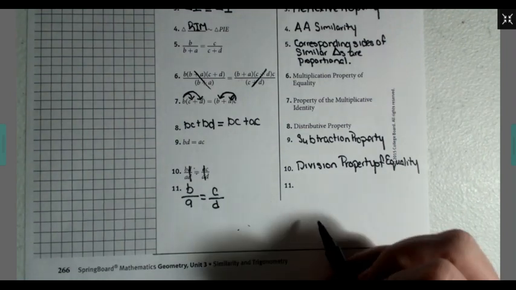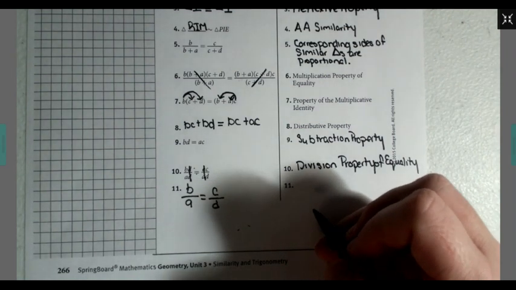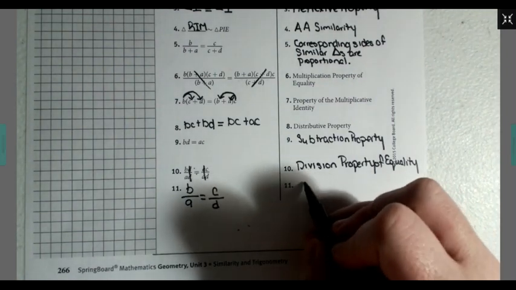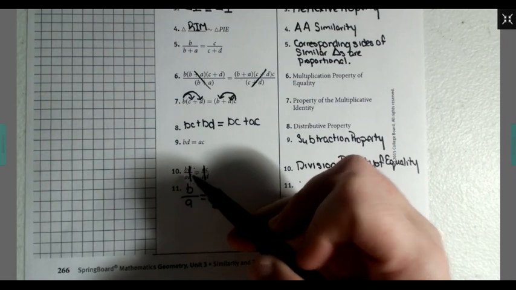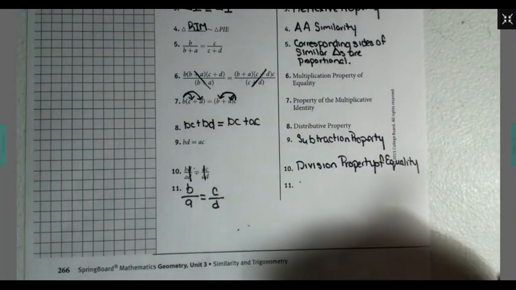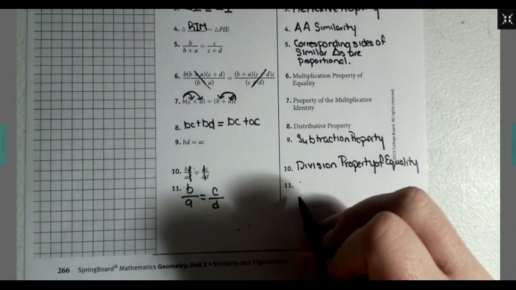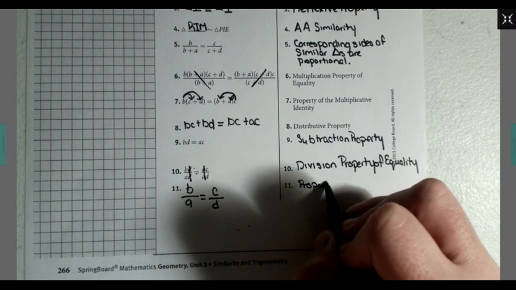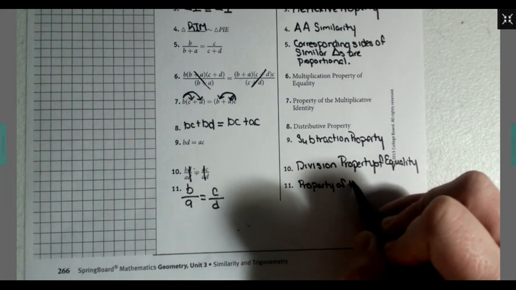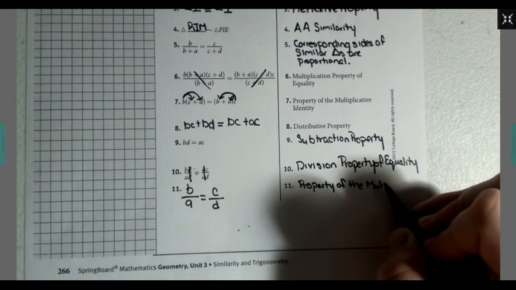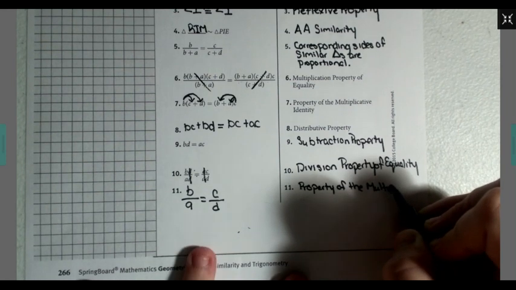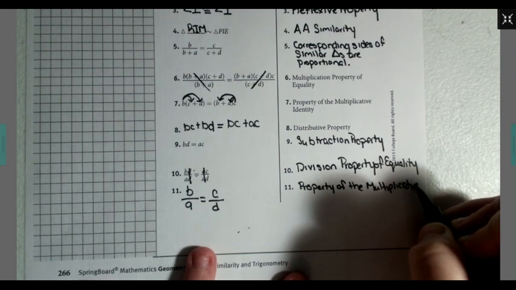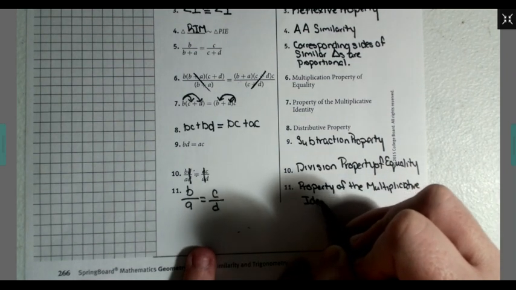And this is technically what we call property of multiplicative identity. Just meaning that D divided by D is an identity.